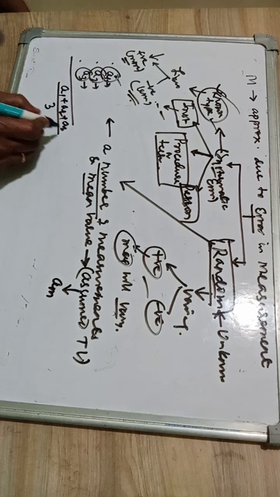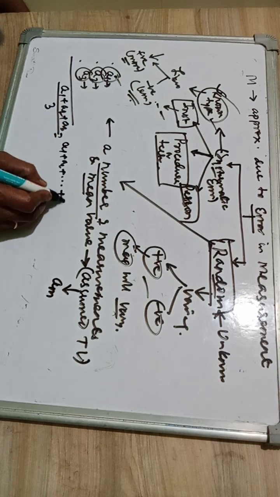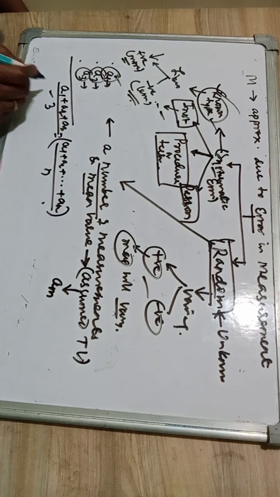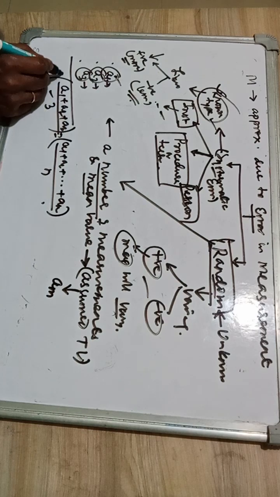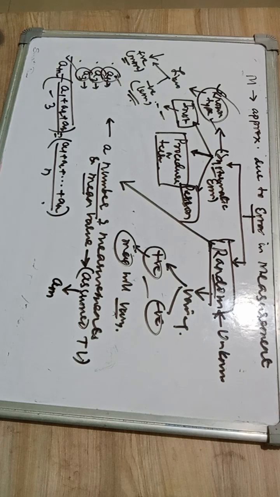If n measurements are there, then it will be A1, A2, all up to An, divided by n. In this case n is 3, hence it is A1 plus A2 plus A3 divided by 3, the mean measured value, or the assumed true value.